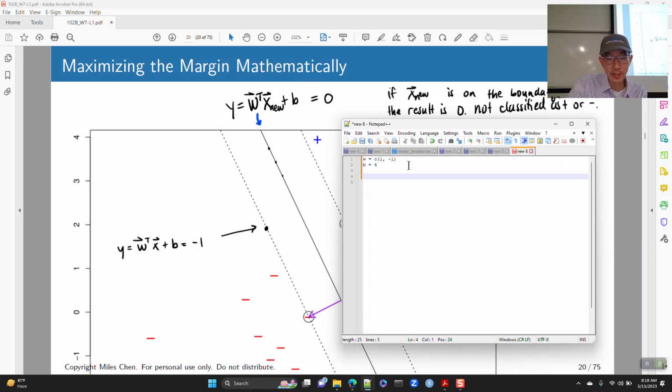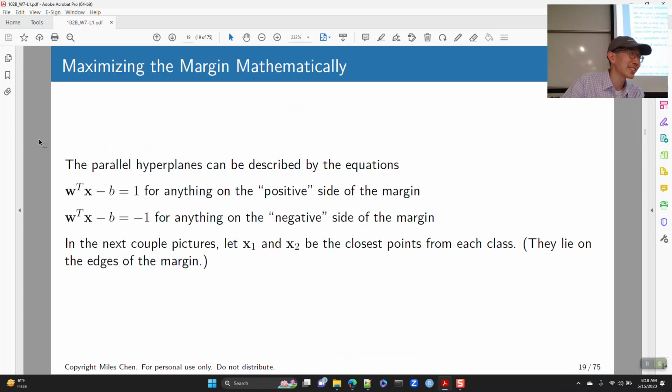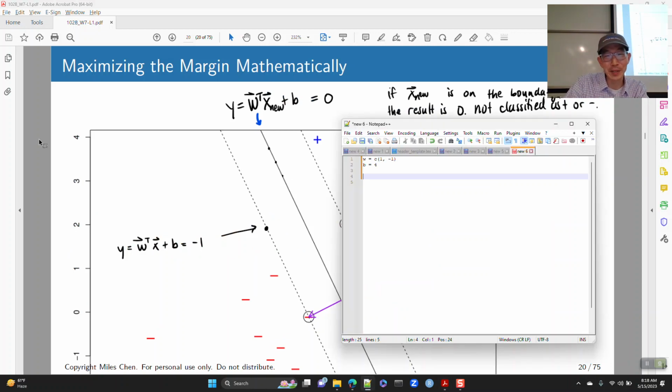Here I wrote a plus b instead of a minus b, but it's the same idea. It's just a different sign for the constant here.